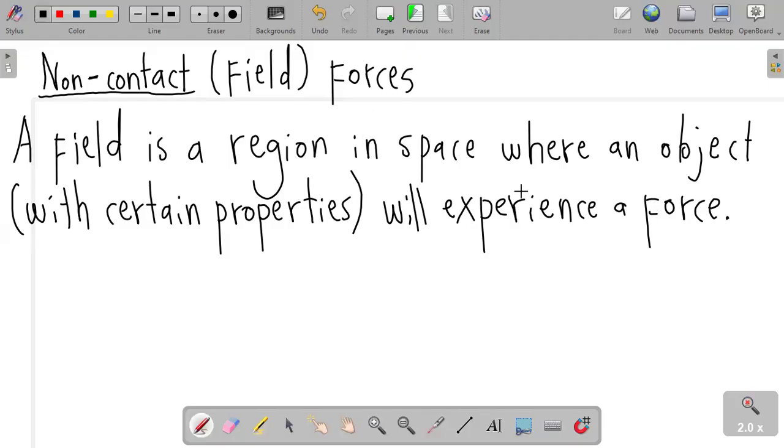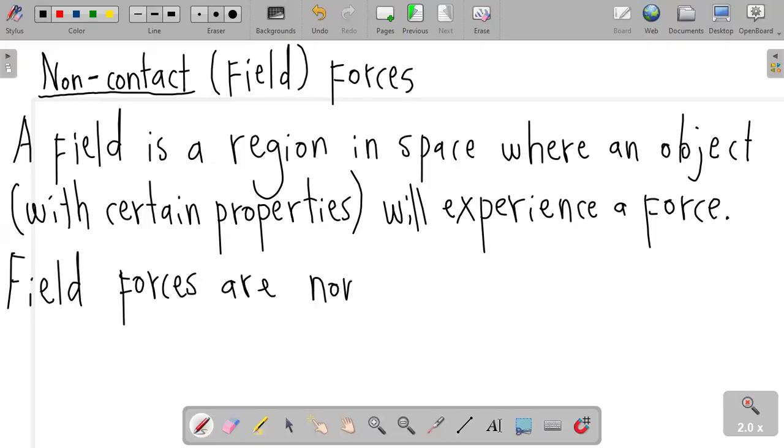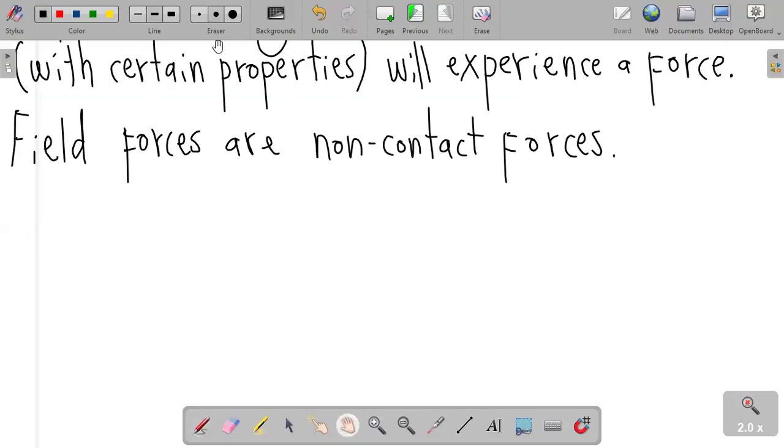So now, field forces are non-contact forces. Again, what are non-contact forces?